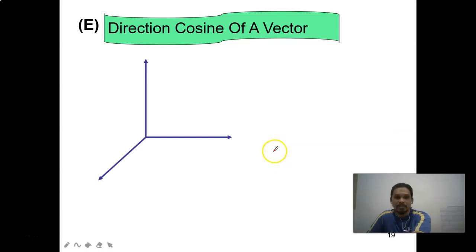And the direction cosine of a vector. So from the origin point, O or (0, 0, 0), the direction cosine of the vector.